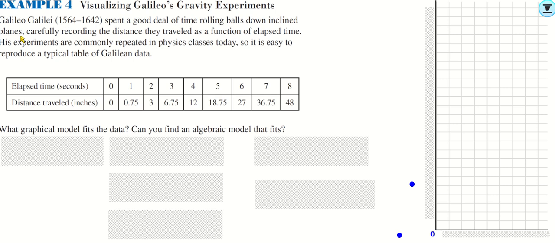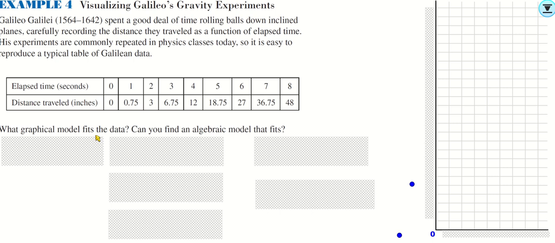That was a whole lot just to introduce this table that relates elapsed time in seconds to the distance traveled of a ball rolling down a ramp. Okay, so we're going by this table.